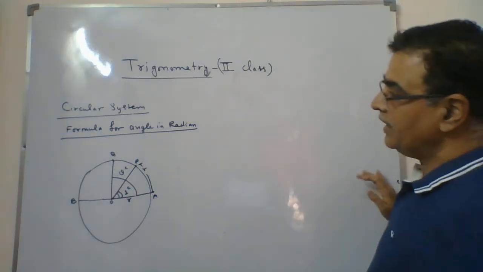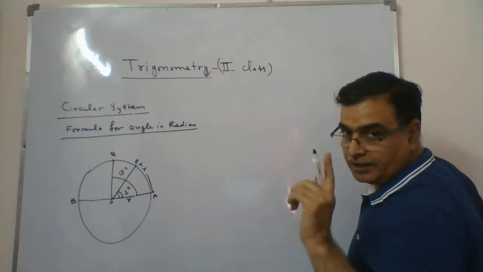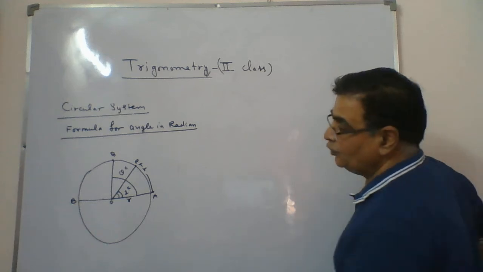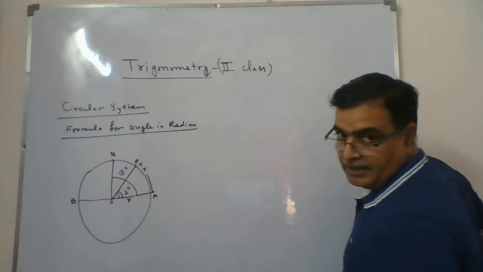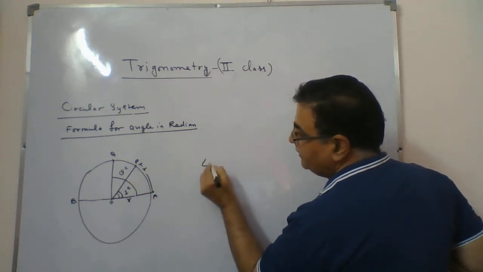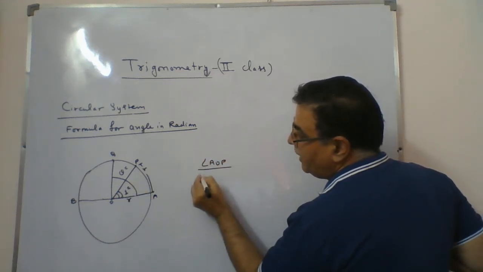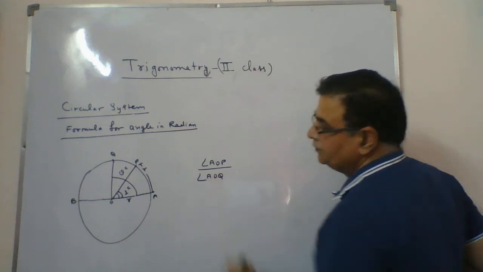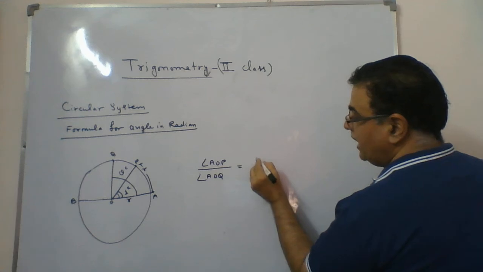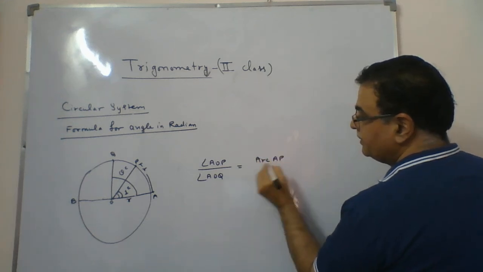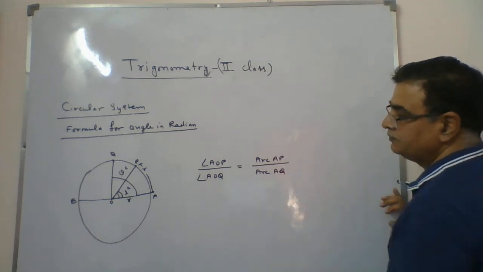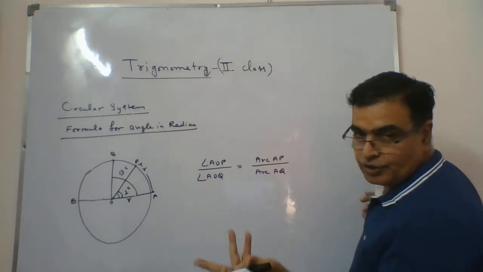So in this case, again we will use the result which we have done in the previous theorem: angle subtended at the center is proportional to its arc. That means angle AOP by angle AOQ will be equal to arc AP by arc AQ. So this is the formula you should remember.